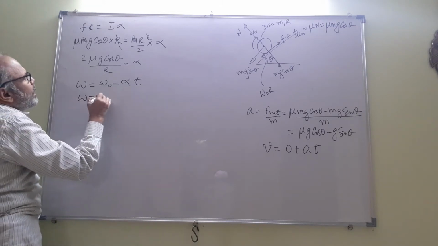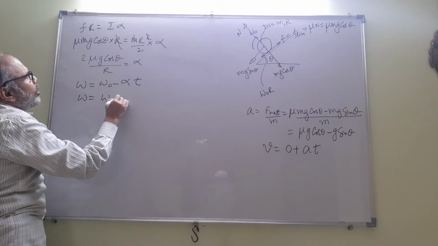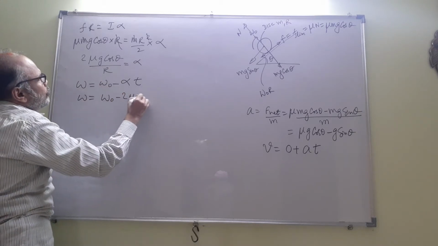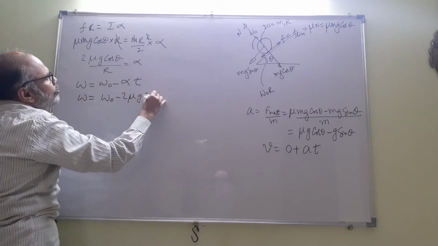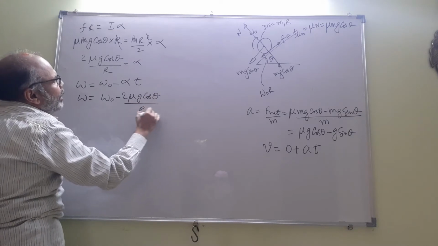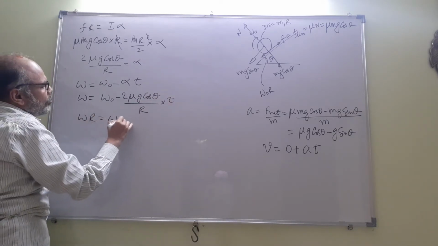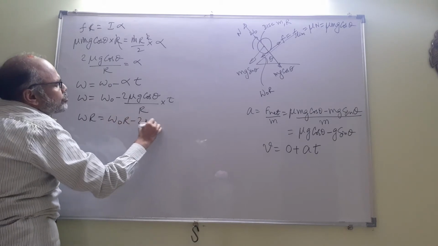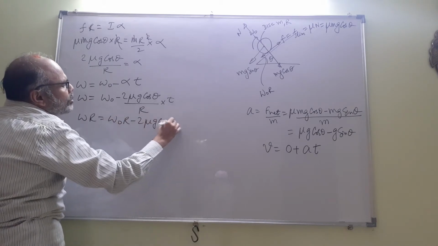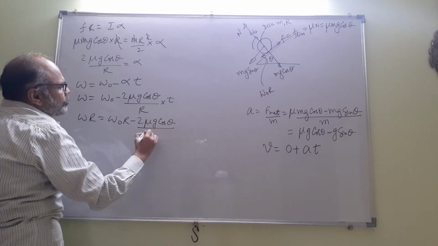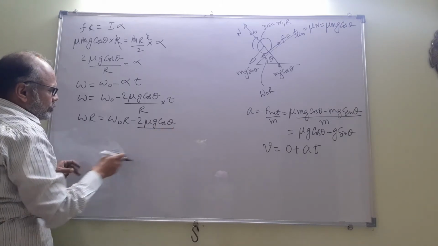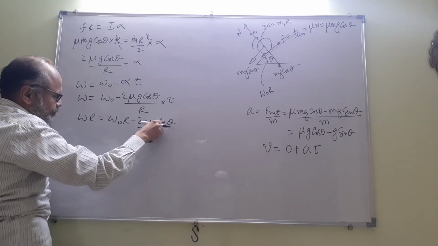You can put omega equal to omega naught minus alpha, which is 2 mu g cos theta by r, into t. So you will have omega r equal to omega naught r minus 2 mu g cos theta into t.